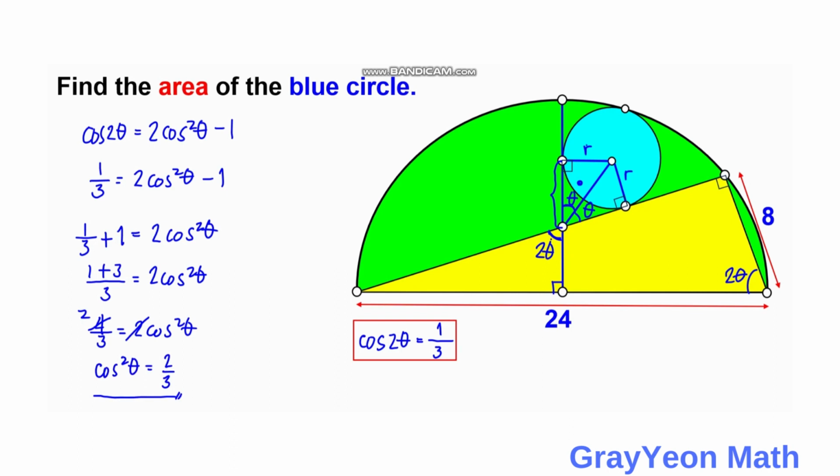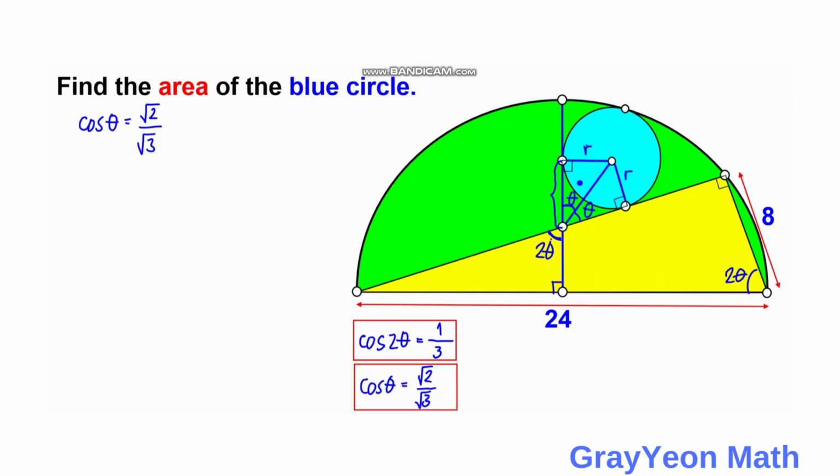Next is to simplify this by taking the square root of both sides. So cosine of theta is equal to square root of 2 over square root of 3. We just need to rationalize later, not for now.